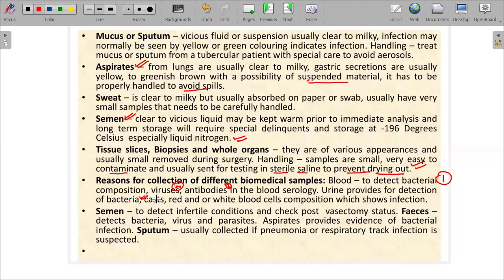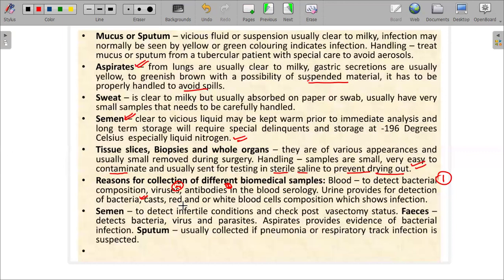Semen is also collected as a biomedical sample to detect infertile conditions and check vasectomy status. Women can also produce lubrication that they release. It is also collected to identify the possibilities of individuals to have children. This can be verified through semen examination.